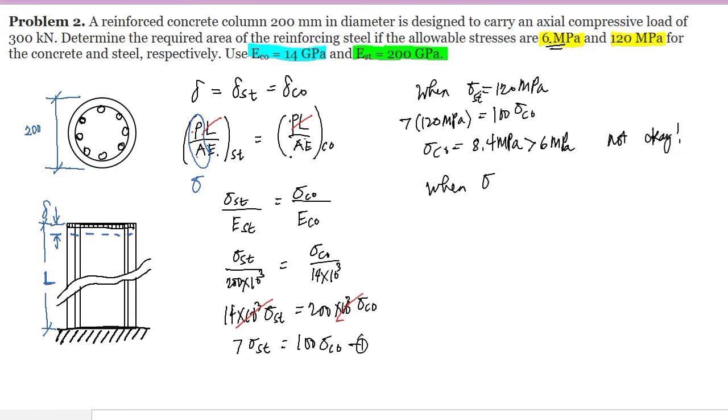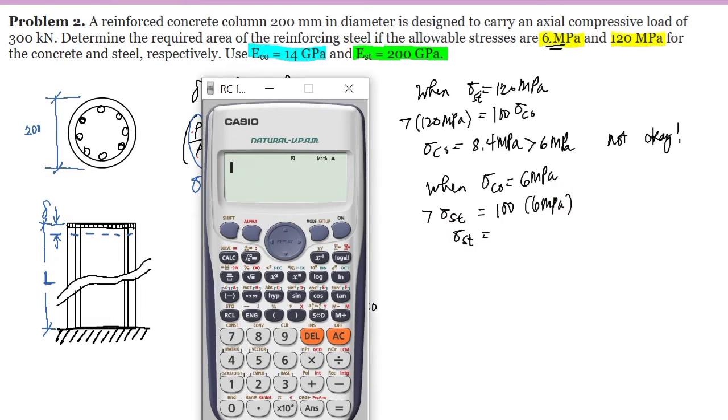Then when stress in concrete is equal to 6 MPa, from equation 1 we have 7 stress in steel is equal to 100 times the stress in concrete, which is 6 MPa.